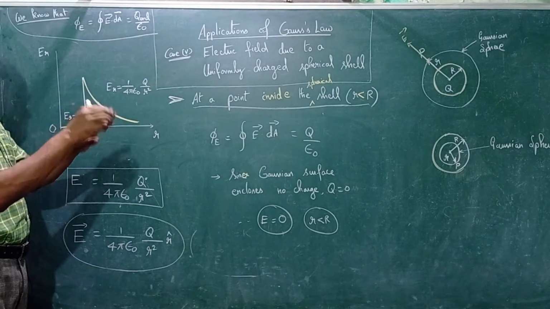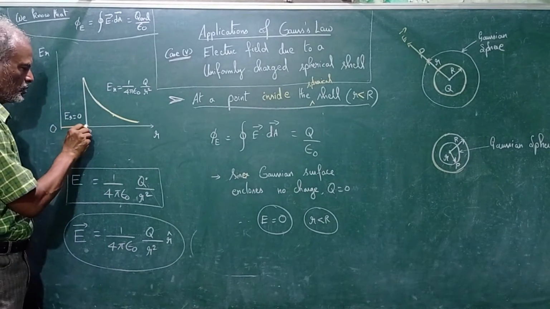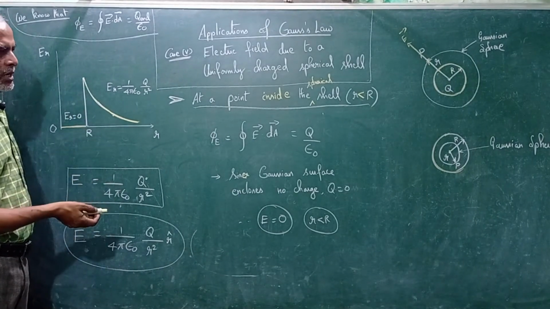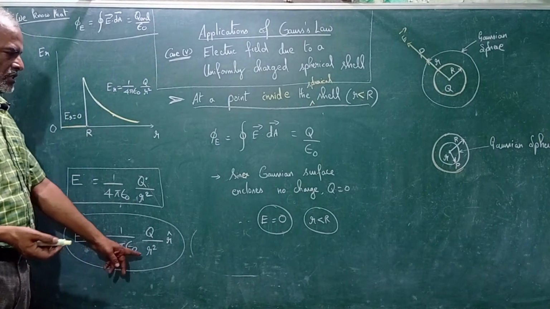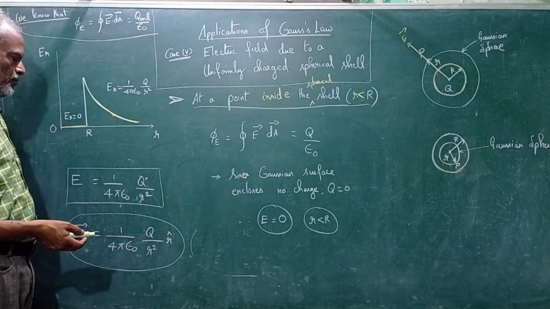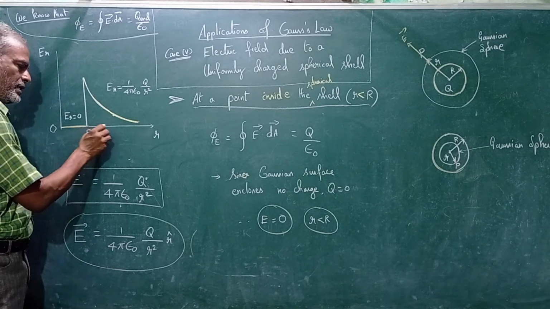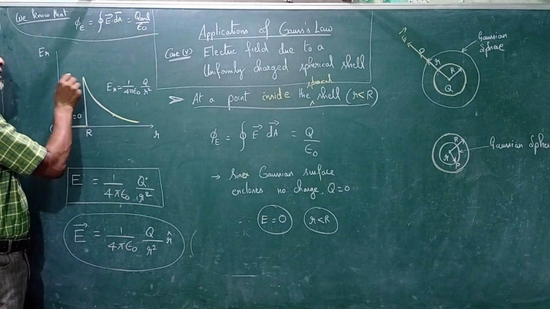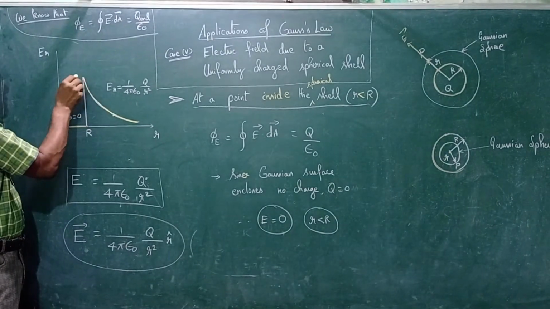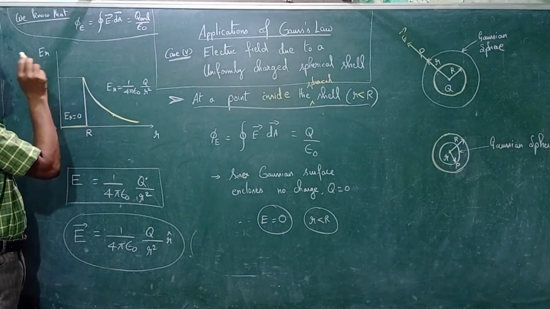So inside the sphere the electric field is 0, so the line goes like this. When small r equals capital R, we have the relation 1 by 4 pi epsilon naught, q by R squared. So it has some definite value E of R at this point.